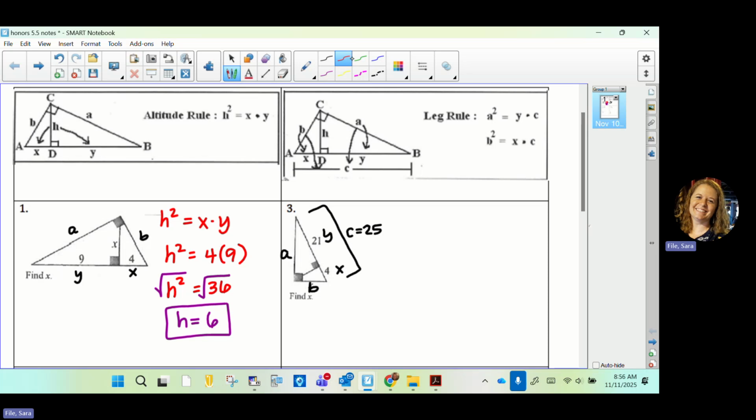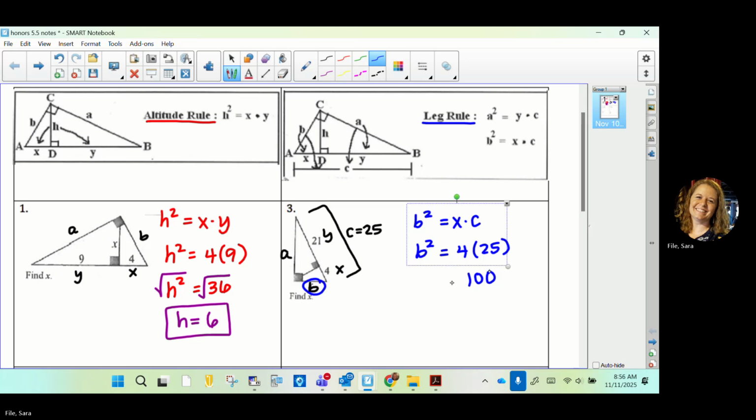Okay. So for the leg rule, I'll color code. When I use altitude rule, I'll do it in red. I'm doing leg rule here, and I'm looking for B. So B squared is X times B. So my B squared is 4 times 25, which is 100.